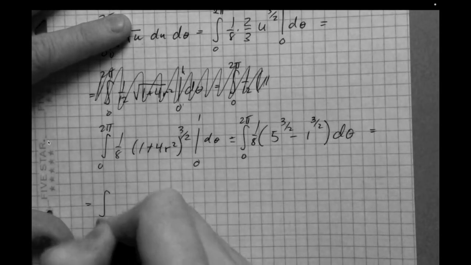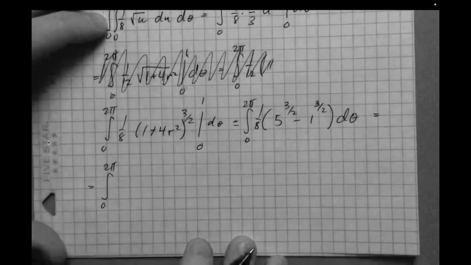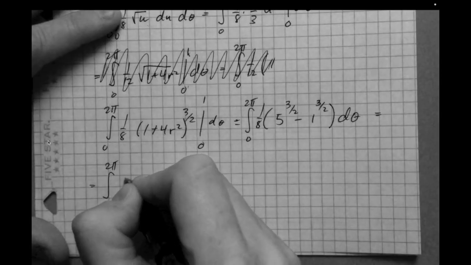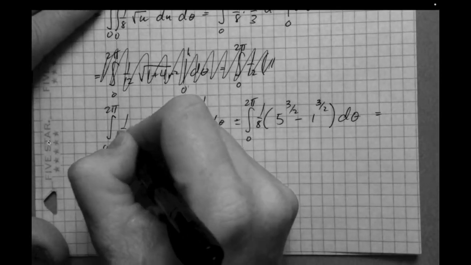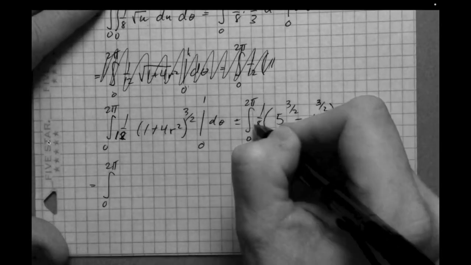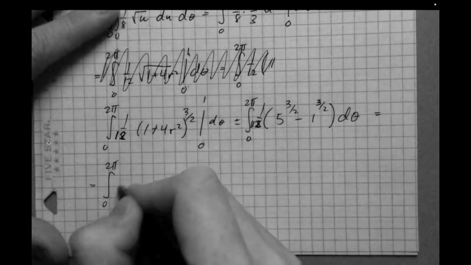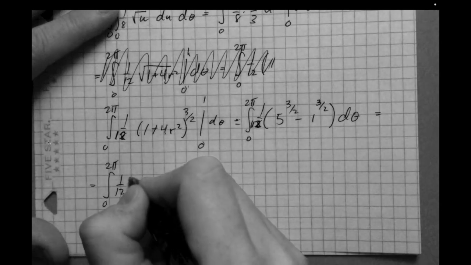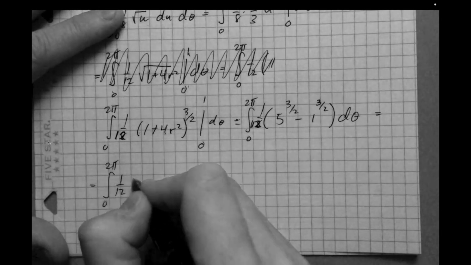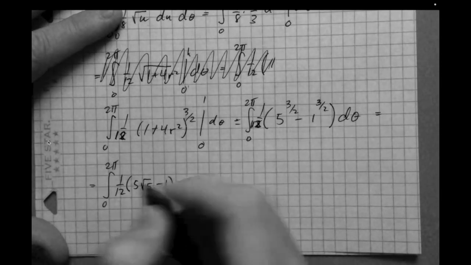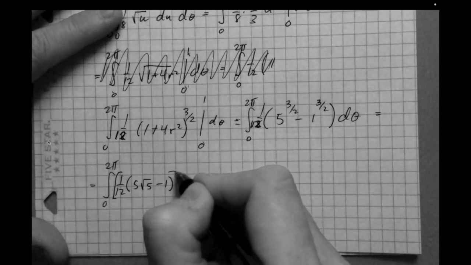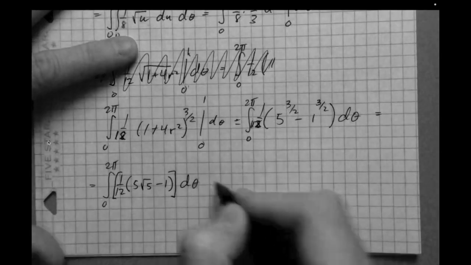Let's rewrite it one more time just to make it a little simpler before we finish it. So it'll be, and this should be 1/12. Sorry, making a lot of typos here. So that'll be 1/12 times 5 square root of 5 minus 1. Okay, so you've got this constant here, d theta.